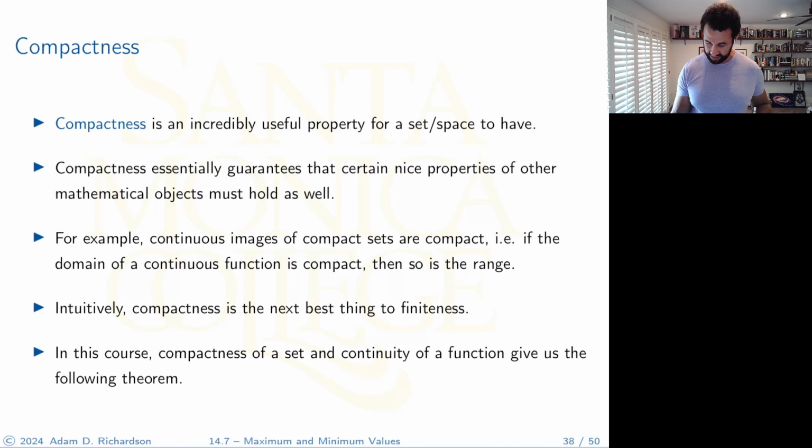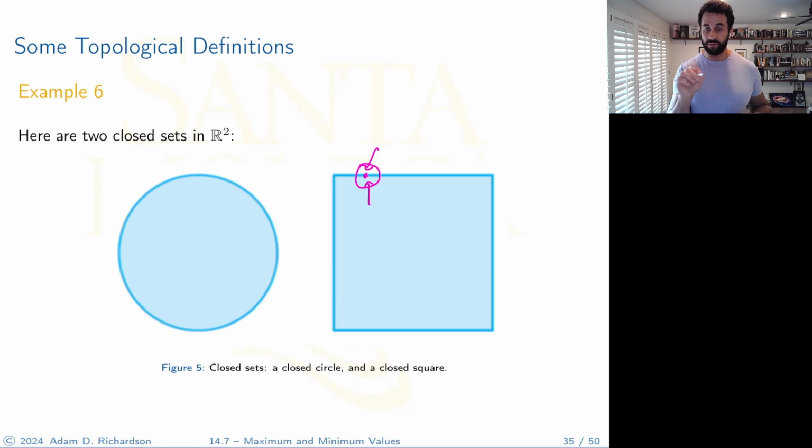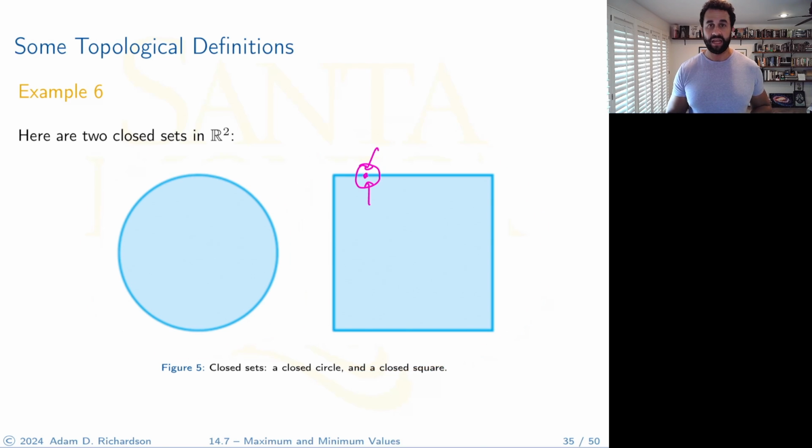So for example, both of these sets here are compact, right? They're closed because they hold all their boundary points, and they're finite in extent, so they're bounded. So both of these sets are compact sets. And what you'll notice is that these sets contain an infinite number of points.